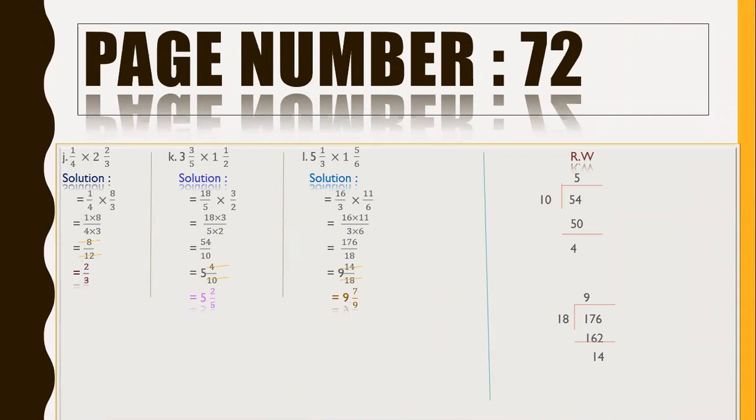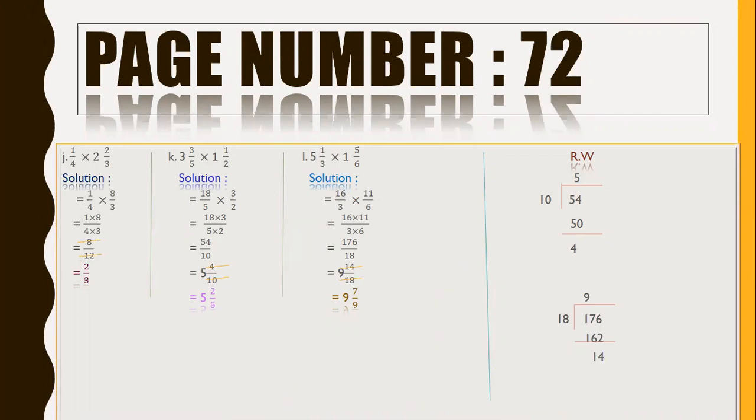After the multiplication, we see 8 over 12 here, and we can cancel 8 and 12 directly. On which table? The table of 4. 4 twos are 8 and 4 threes are 12. 2 over 3 is our answer. This is a proper fraction. We cannot convert it into a mixed number because 2 is smaller than 3.